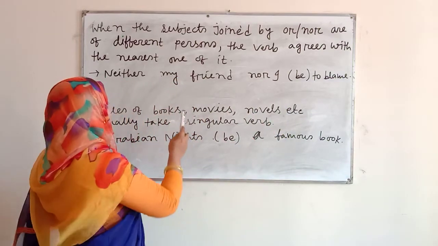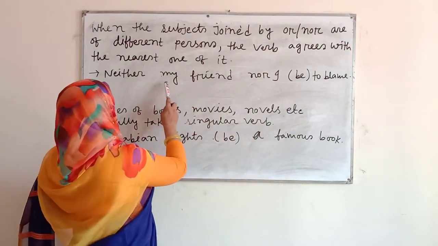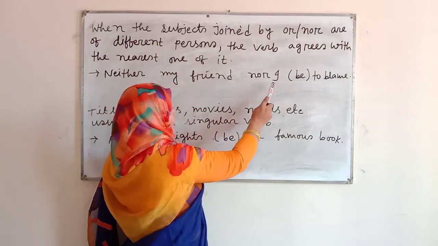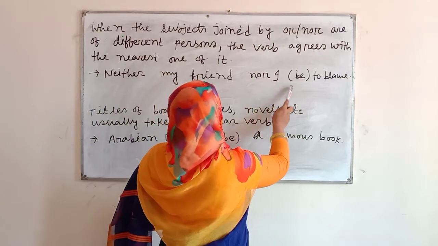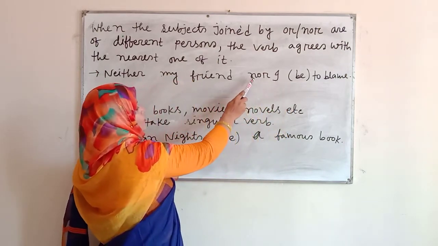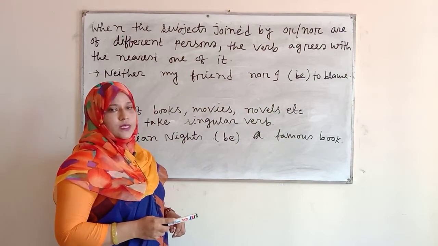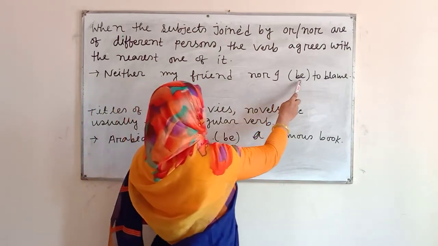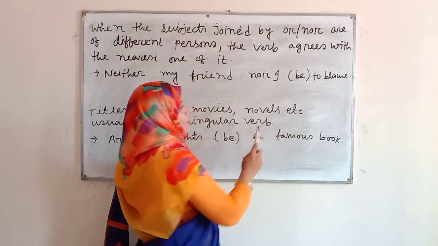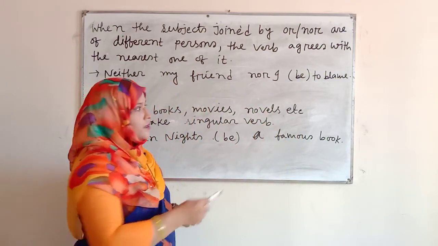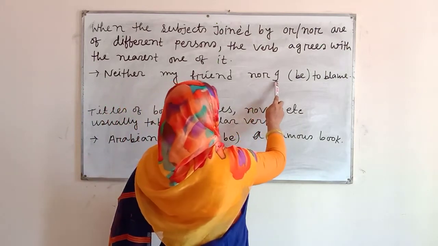Dear students, look at the structure. Here subject my friend and I are joined by nor, and they are two different persons. So our verb must agree with the nearest subject of it, that means I.